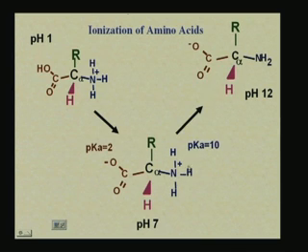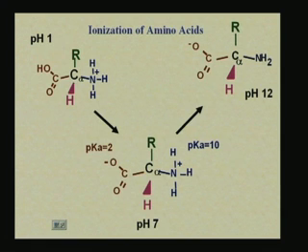I keep on increasing the pH, or rather I keep on adding more base. At a point I will lose the proton that is attached to the amine group. Okay. So, if I do an ordinary titration of the amino acid, I will get how many inflection points? 2.